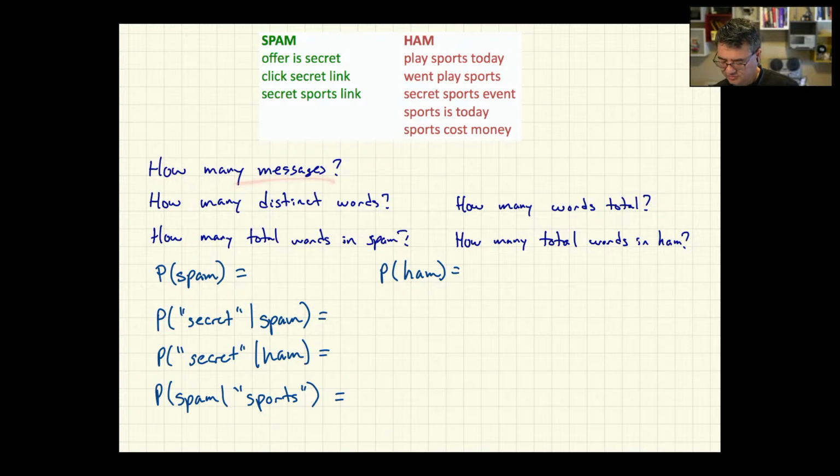How many total messages are there? 8. Good. How many distinct words are present here? In other words, how big is the dictionary? There are 12 distinct words in there. There's a lot of repeats.